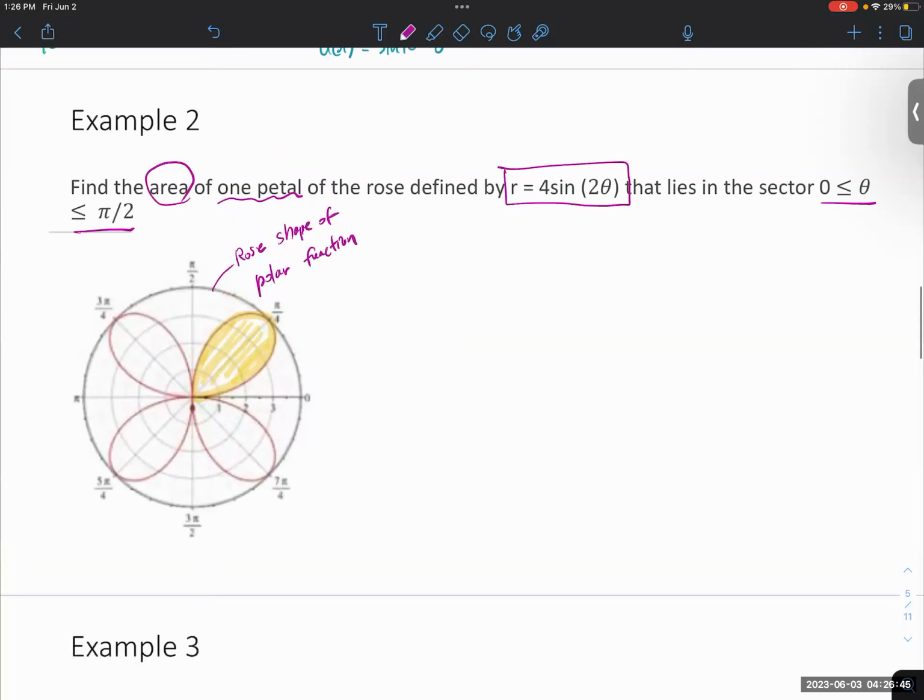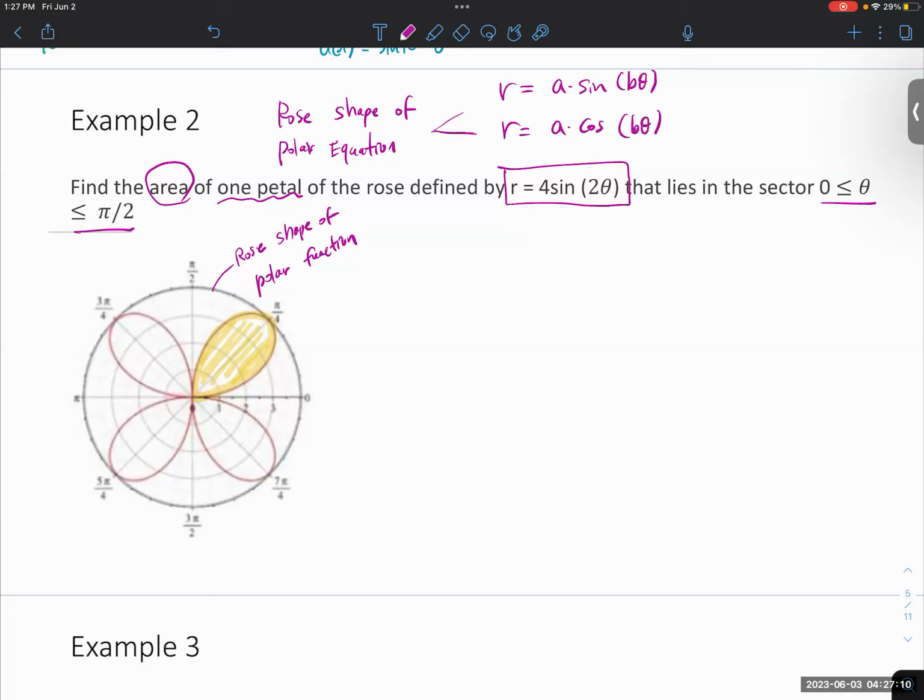So if you remember the rose shape of the polar equation, the function was r equal to a times sine b theta, or r equal to a times cosine b theta.